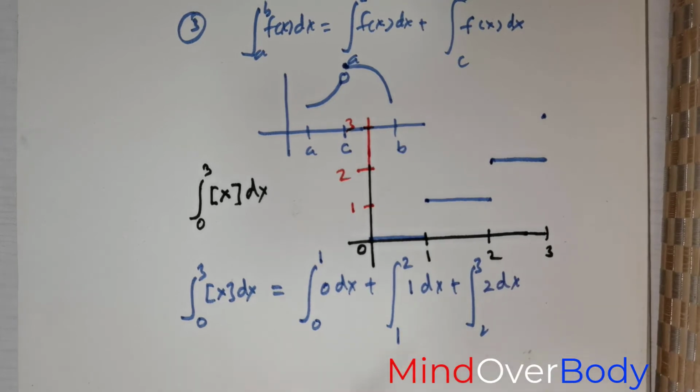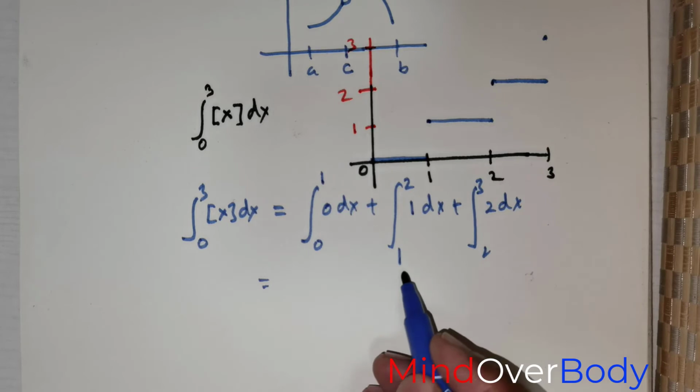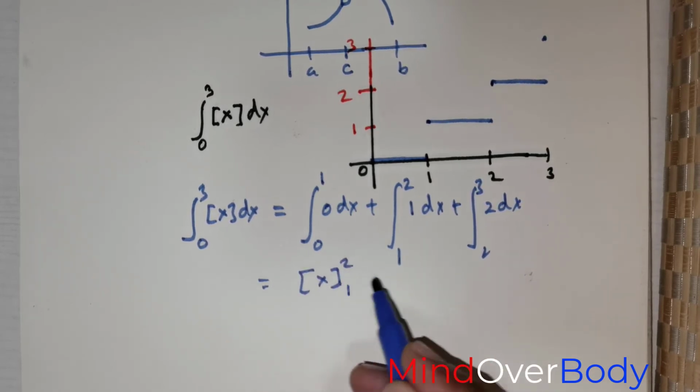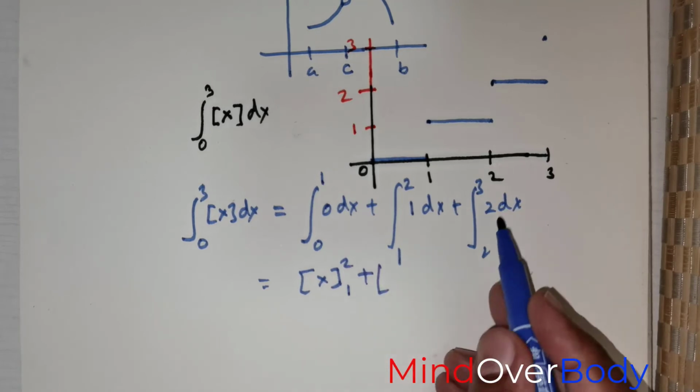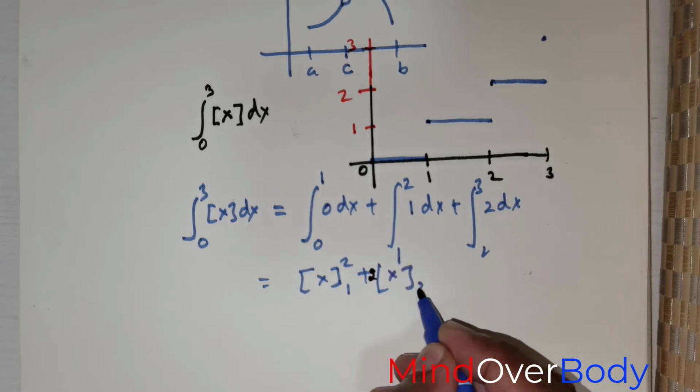So this is how we represent the function. So this vanishes, and if I integrate this, I would get x with limits 1 to 2. If I integrate this, of course there is a 2 there, and you have to represent the 2 outside the parenthesis. So I'm placing the 2 here. So this is going to be x with limits 2 to 3.